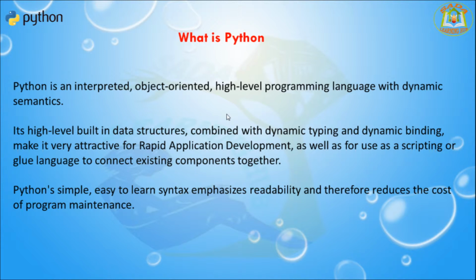That is dynamic semantics. It supports object-oriented programming, and everything is an object. Object-oriented programming means it supports inheritance, polymorphism, data hiding, abstraction, and all those things. First, it is an interpreted language.